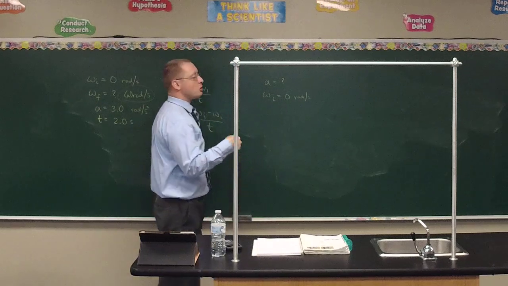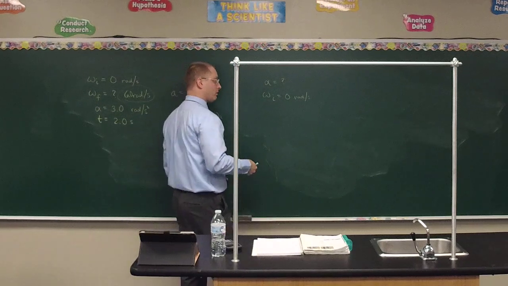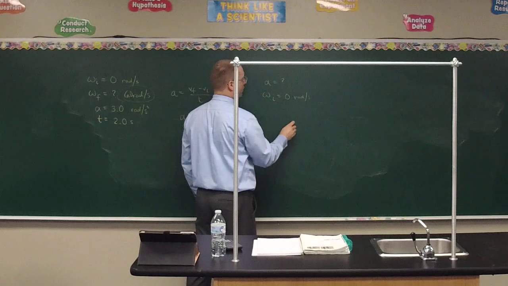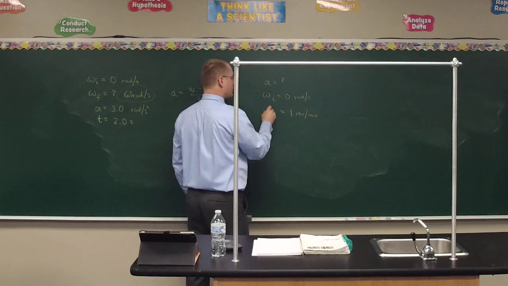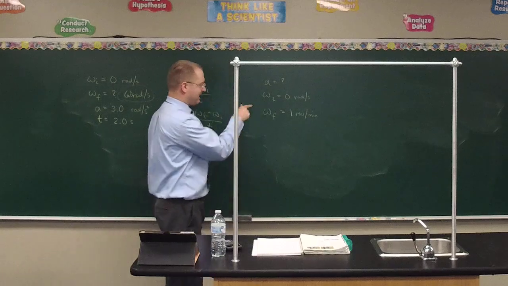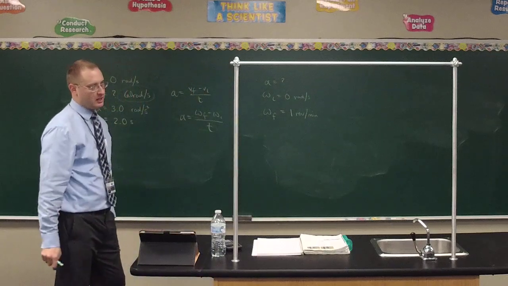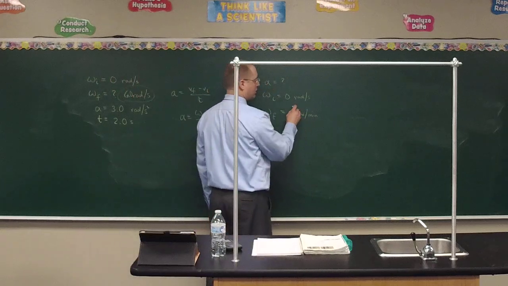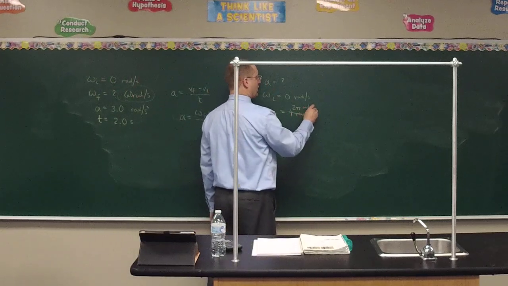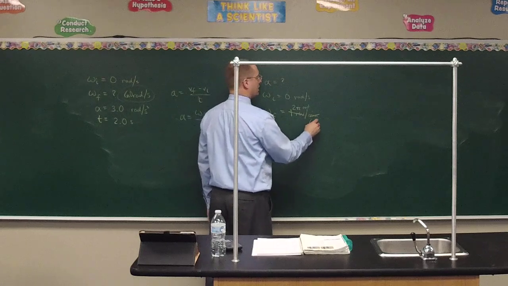It's going to get up to a speed of 1 revolution per minute. That's going to be the final angular velocity. Can I use revolutions per minute? No. Change the revolution out for 2 pi radians and change out the minute for 60 seconds.